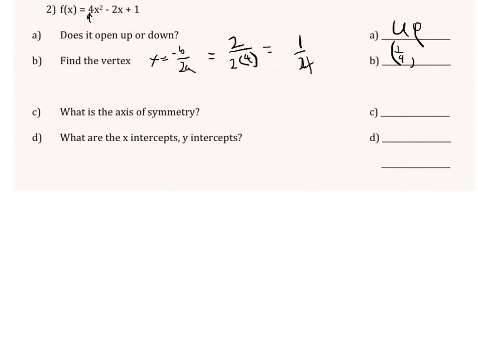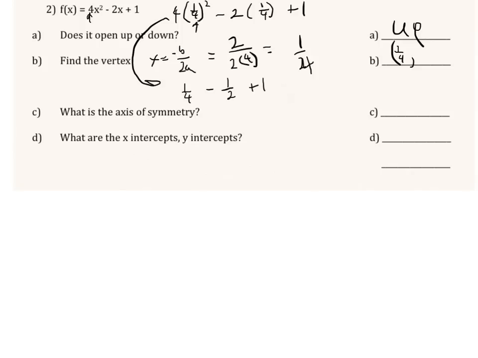So I'm going to plug in, I got 4 times (1/4) squared minus 2 times 1/4 plus 1. So I get 1 over 16 here times 4. That's going to be 1/4. Bring it down here. 1/4 minus 1/2 plus 1.